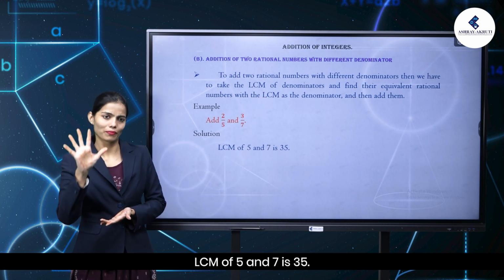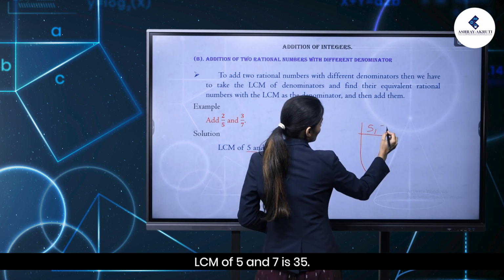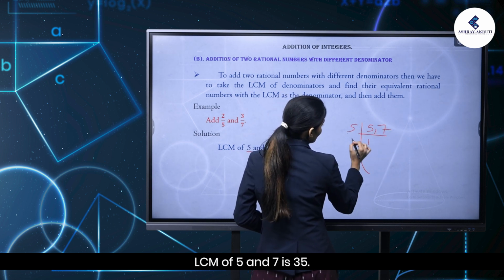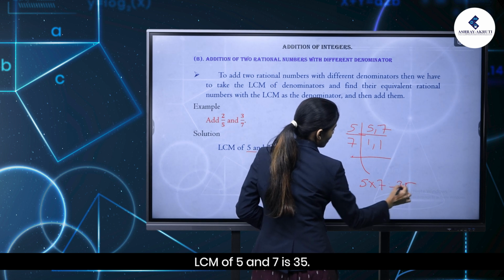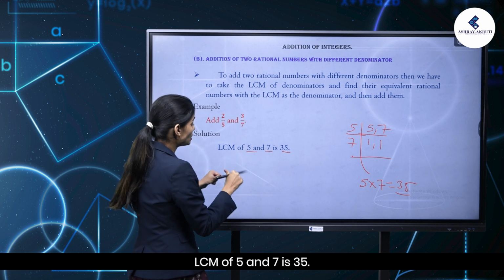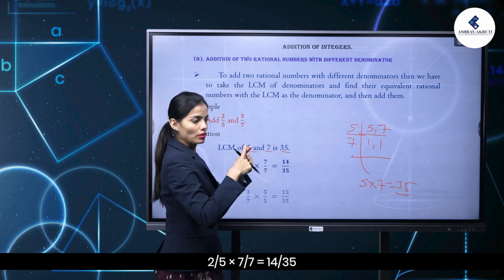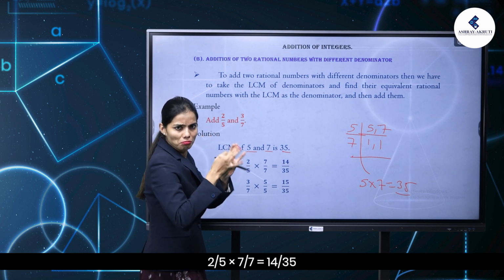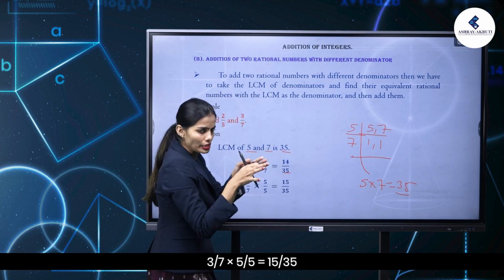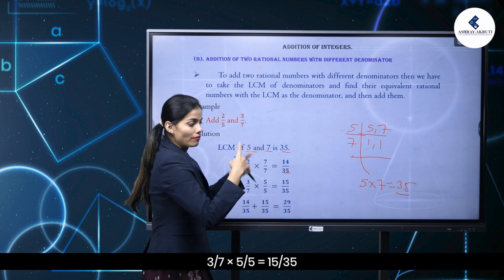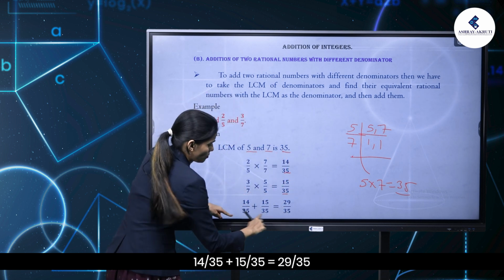LCM of 5 and 7 is 35. 2/5 into 7/7 is equal to 14/35. 3/7 into 5/5 is equal to 15/35. 14/35 plus 15/35 is equal to 29/35.